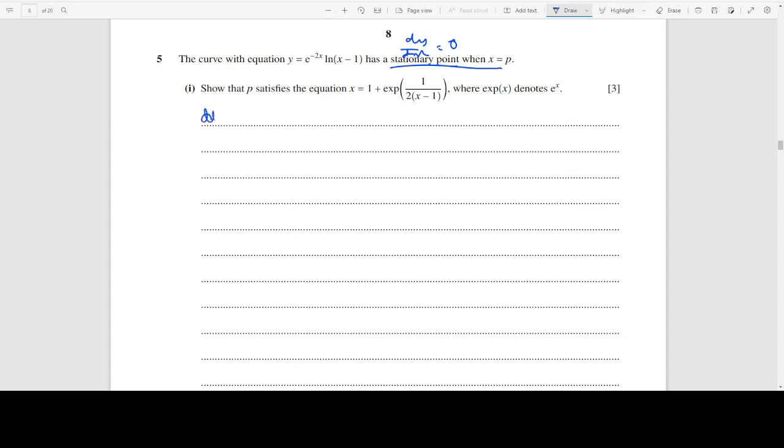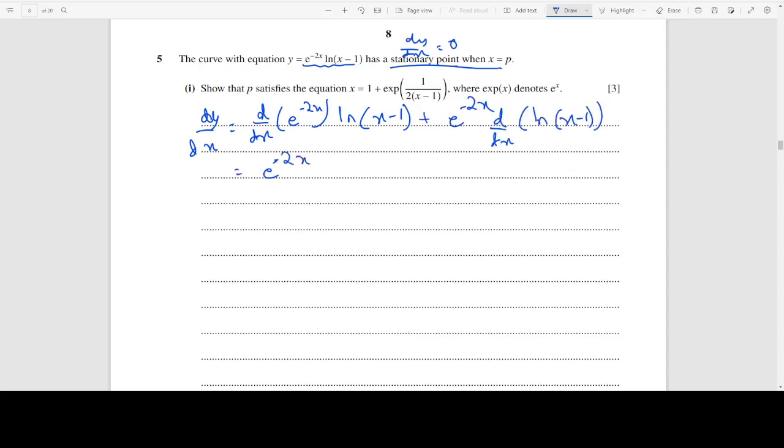Okay, so dy/dx is equal to, we'll use the product rule. The derivative of minus 3 divided by ln x minus 1, plus e raised to minus 2x multiplied by the derivative of ln x minus 1. So we have e raised to minus 2x multiplied by the derivative of minus 2x, which is minus 2, into ln x minus 1, plus e raised to minus 2x multiplied by 1 upon x minus 1 multiplied by the derivative of x minus 1, which is just 1.